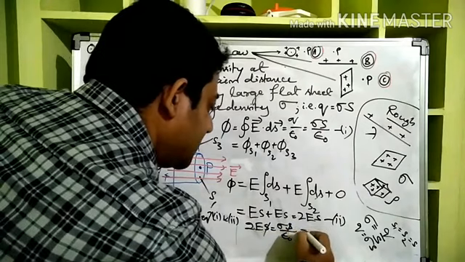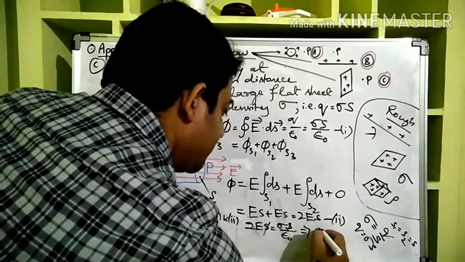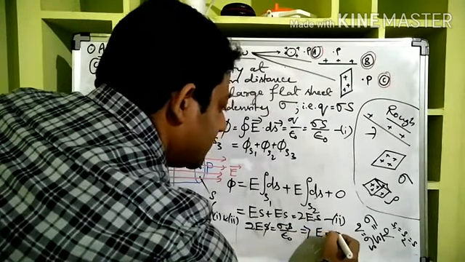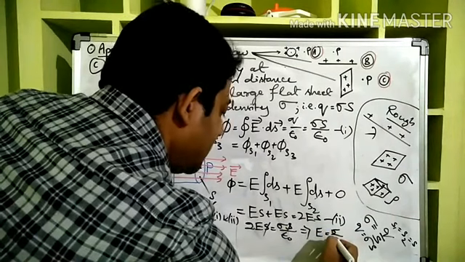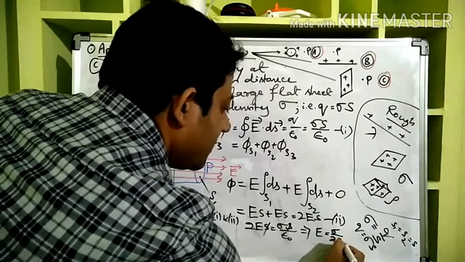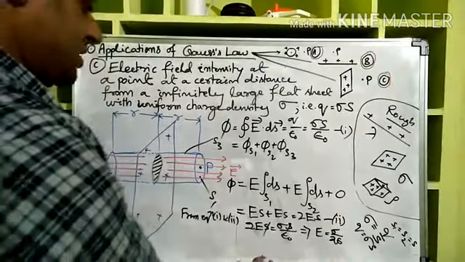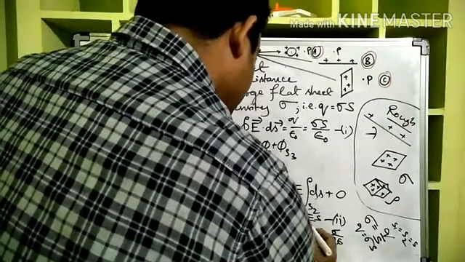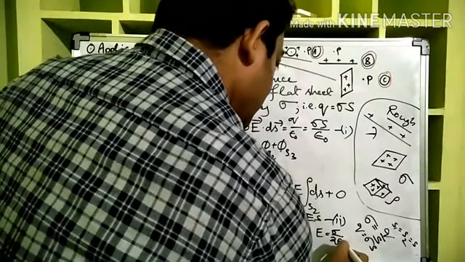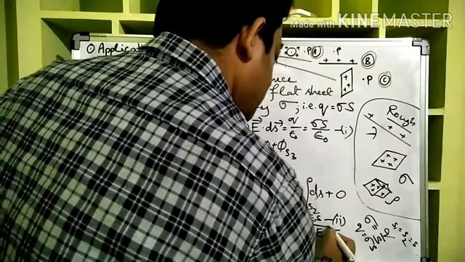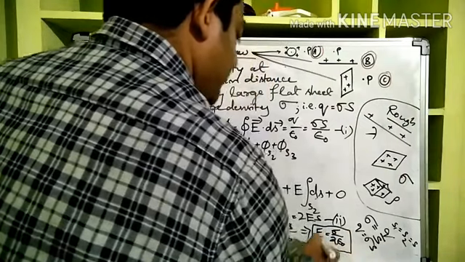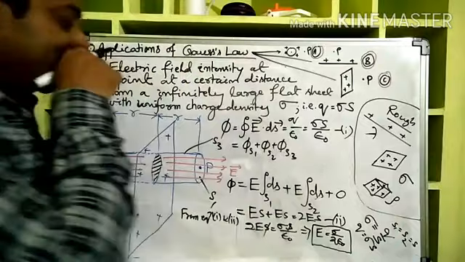S got cancelled, which implies that E is equal to sigma by 2 epsilon naught. Is it clear to everybody till now?